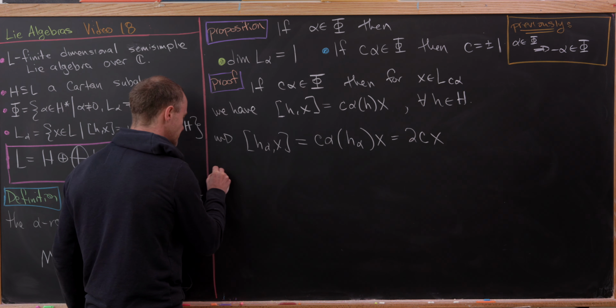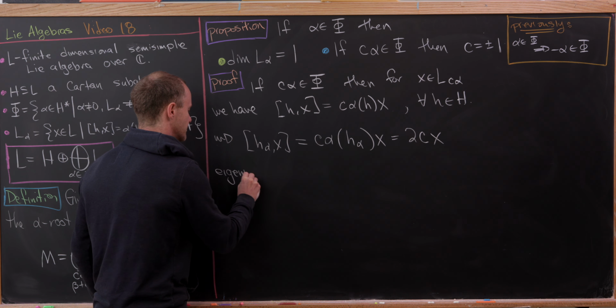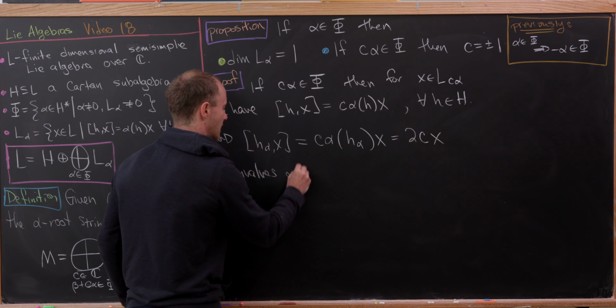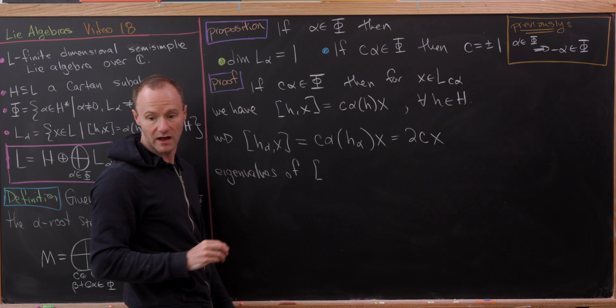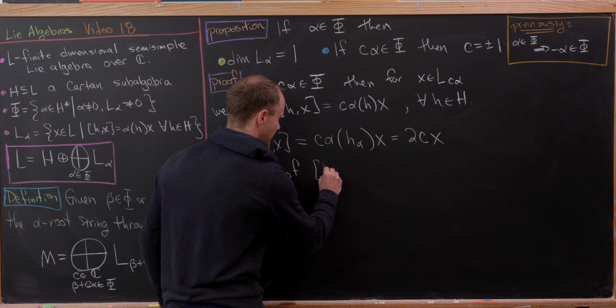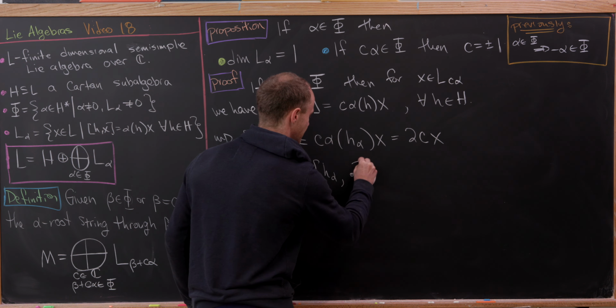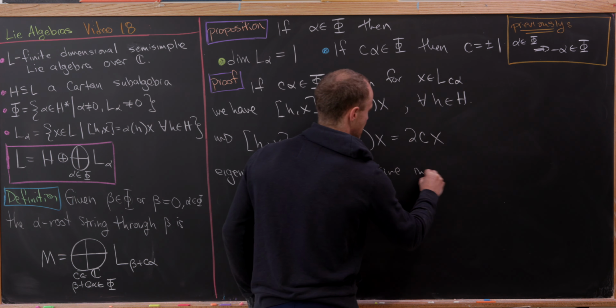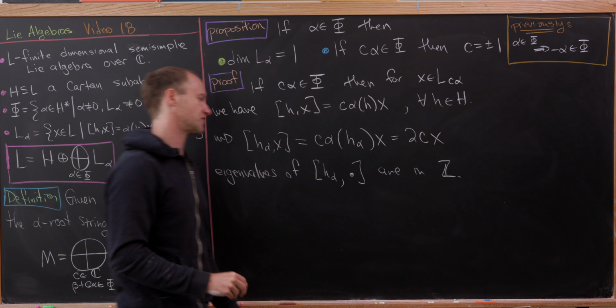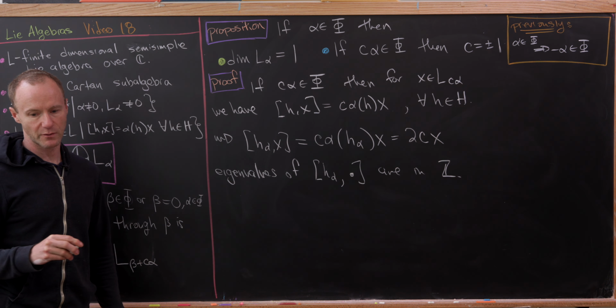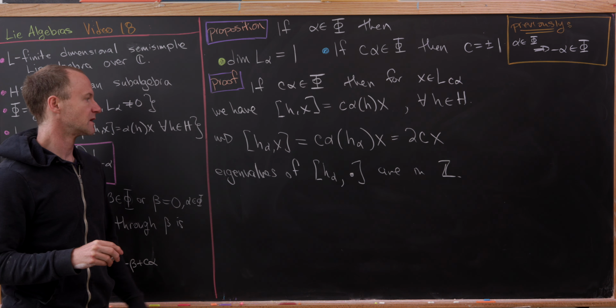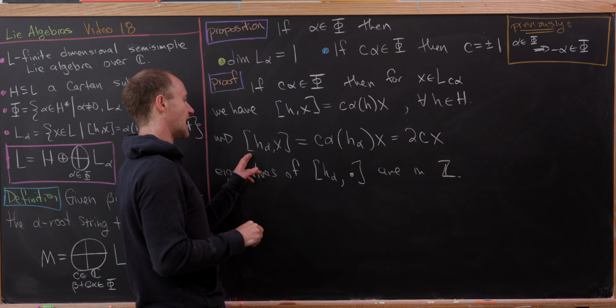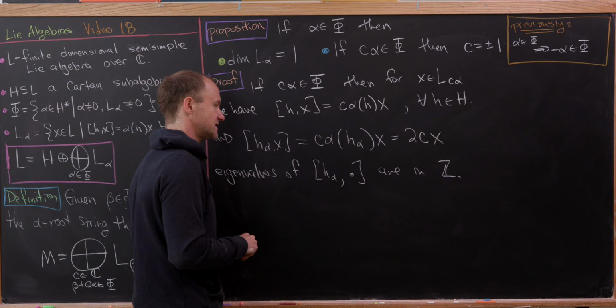But then we also know that eigenvalues of the bracket of h alpha with something are in Z. They're integers. So again, that's something that we proved previously. But what does that tell us? Notice that the eigenvalue here is 2 times c.